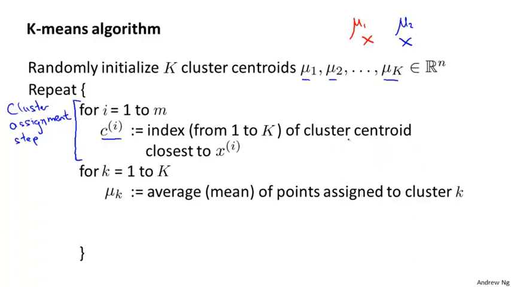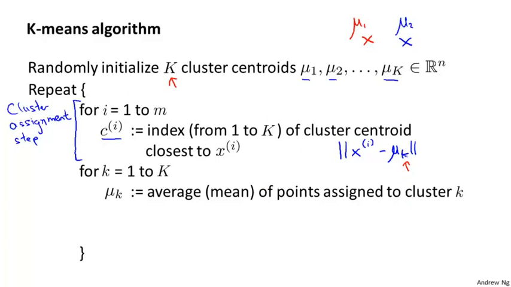So here's another way of writing out what ci is. If I write the norm of xi minus mu k, then this is the distance between my ith training example xi and the cluster centroid mu subscript k. This here is a lowercase k. Uppercase K denotes the total number of cluster centroids, and lowercase k is a number between 1 and capital K. I'm just using lowercase k to index into my different cluster centroids.